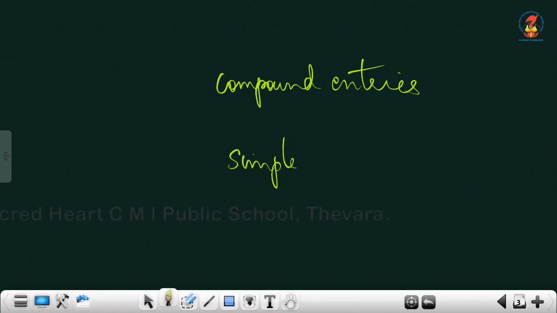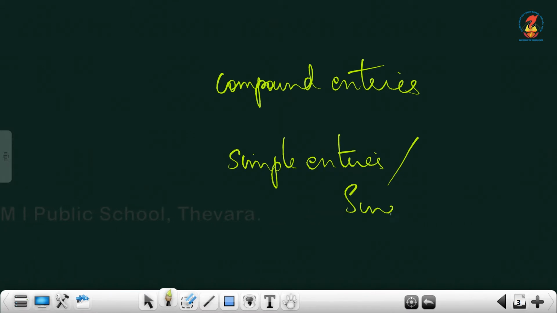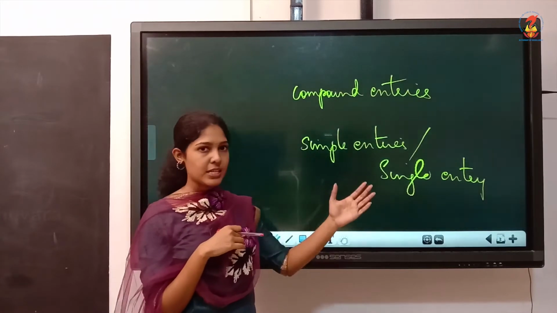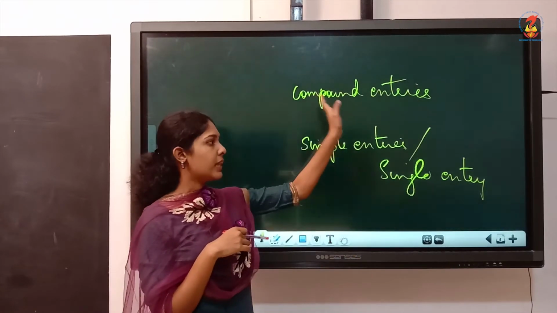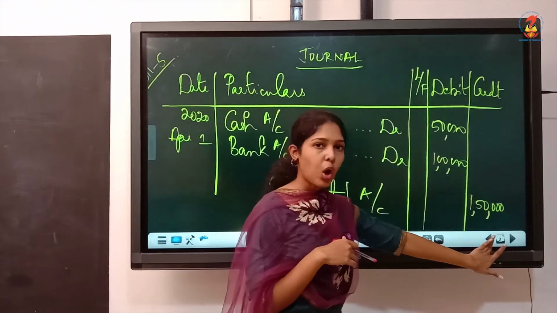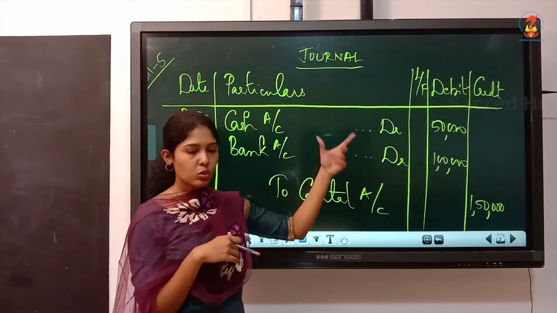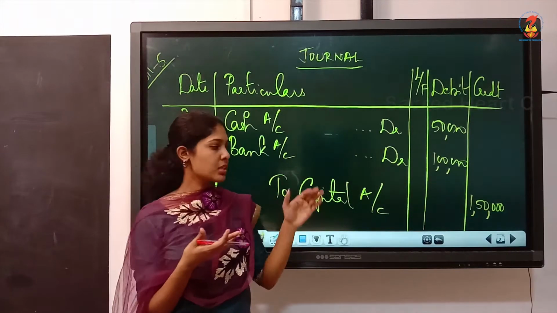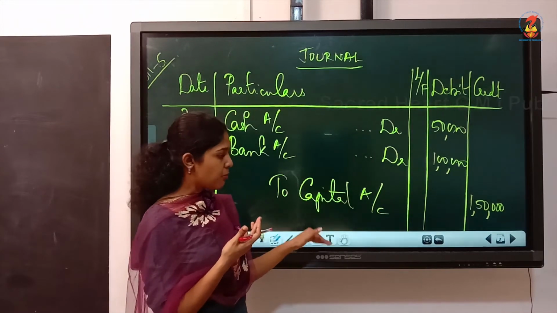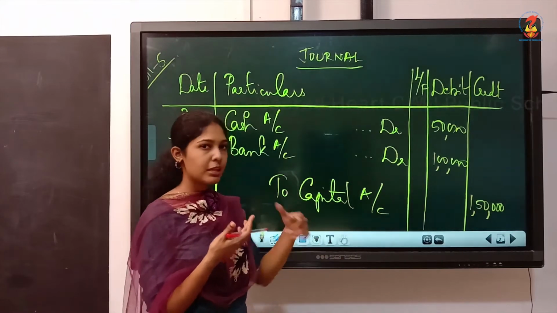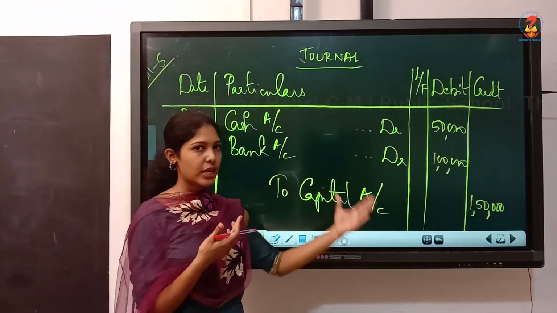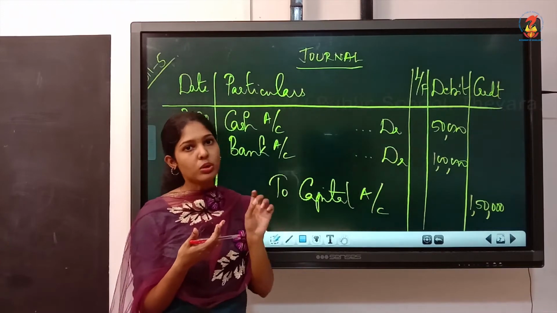So far, what we learned is called simple entries or single entry. Then what we wrote now is called compound entry, that is more than one debit. Here it is two debit aspects. In some other questions it can be on the credit side. One more account can be credited, depending on the transaction. So such entries are known as compound entries.